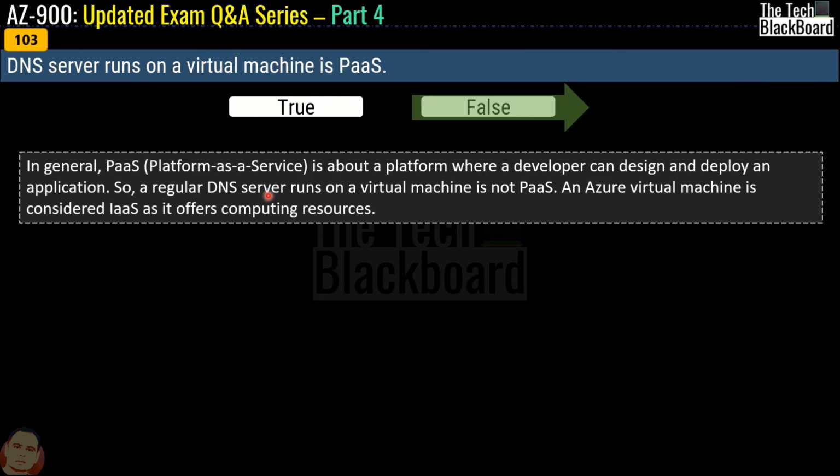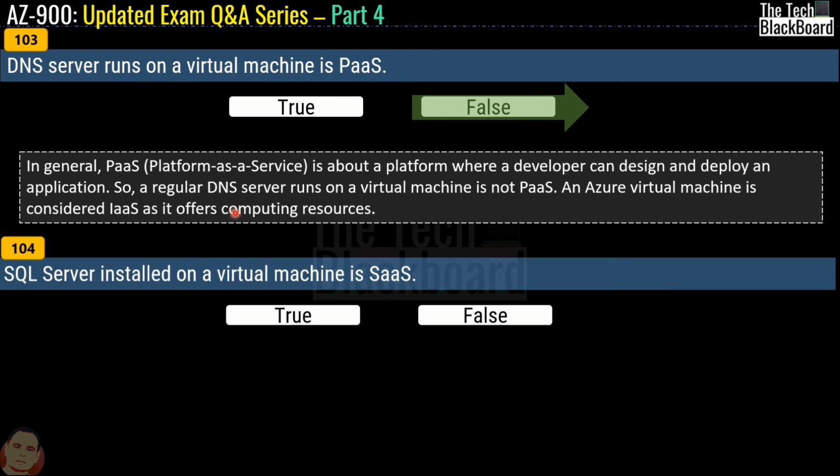So in a regular DNS server that runs on a virtual machine, this is not a PaaS offering. An Azure virtual machine is considered as IaaS or infrastructure as a service, as it offers computing resources. And that's why DNS server running on virtual machine is not considered as PaaS offering.